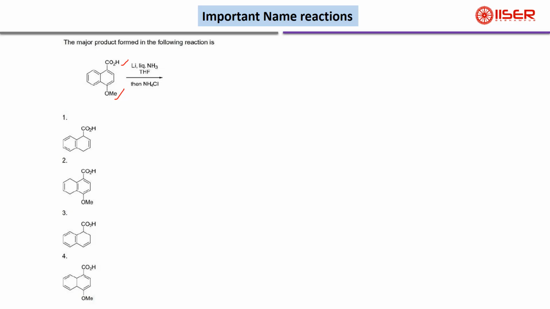So what will be the major product of this reaction? There is an electron donating group and an electron withdrawing group. In presence of Birch reduction, this is also a question from a previous, I think recent year, NET.